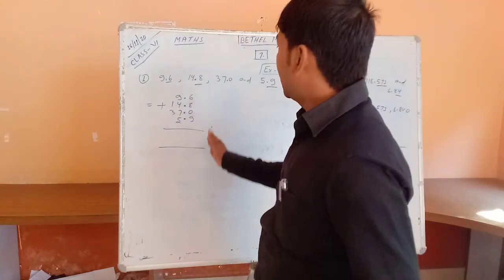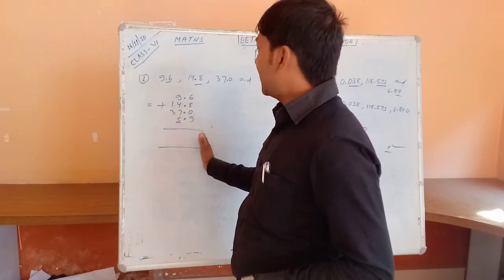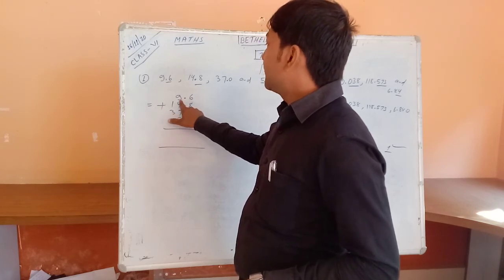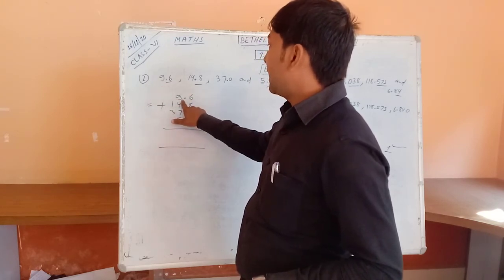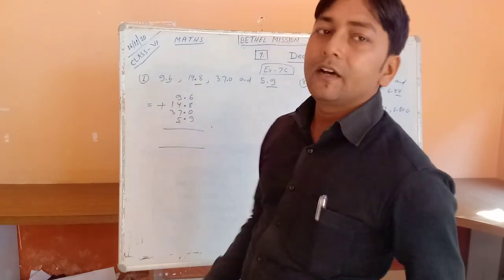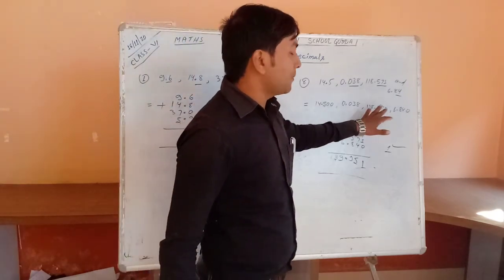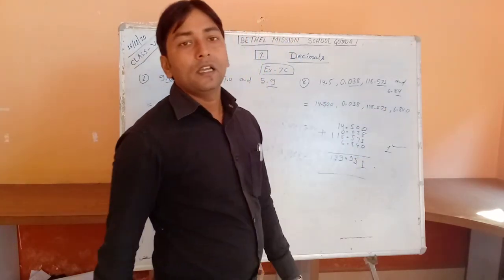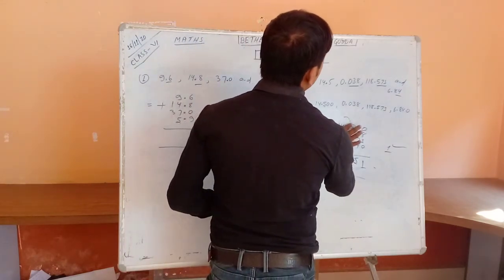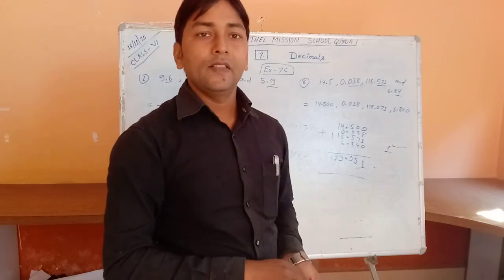We can first write the decimal in the same line. You have the vertical line, you have to put the decimal, and before the decimal write the number, and after the decimal write the digits. Okay, and here also it is not given in like decimals, so we convert into like decimals first and then arrange. The decimal should be in a vertical line, same line, and then okay, I hope you got it.